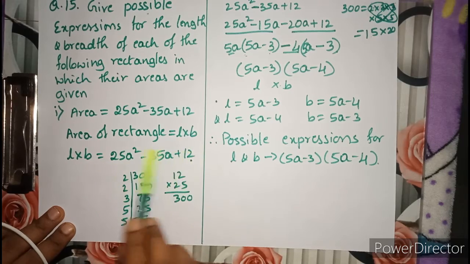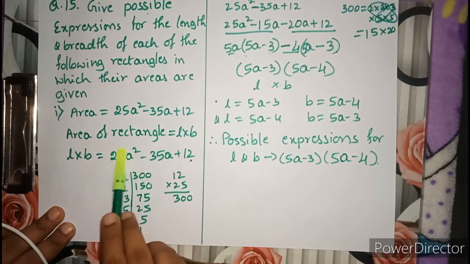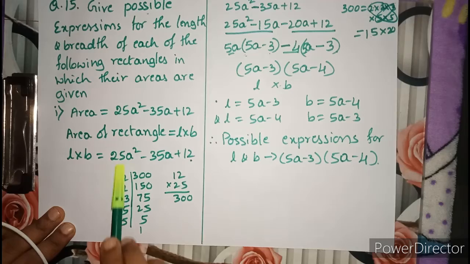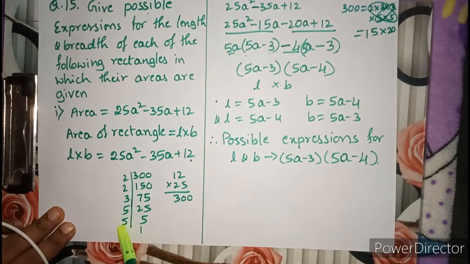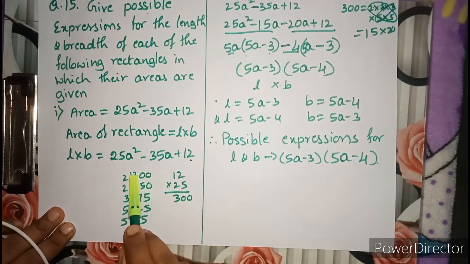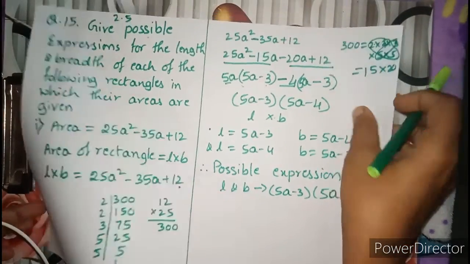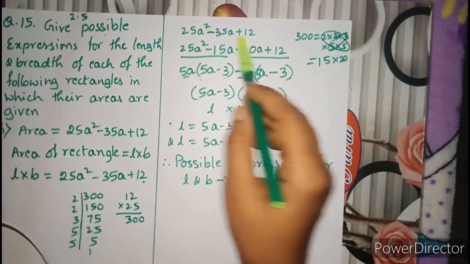First step is to multiply the constant and the coefficient of a square. 25 into 12 is 300. Factorize it in increasing order so that you get all the factors of 300. So 2 into 2 into 3 into 5 into 5 is equal to 300.